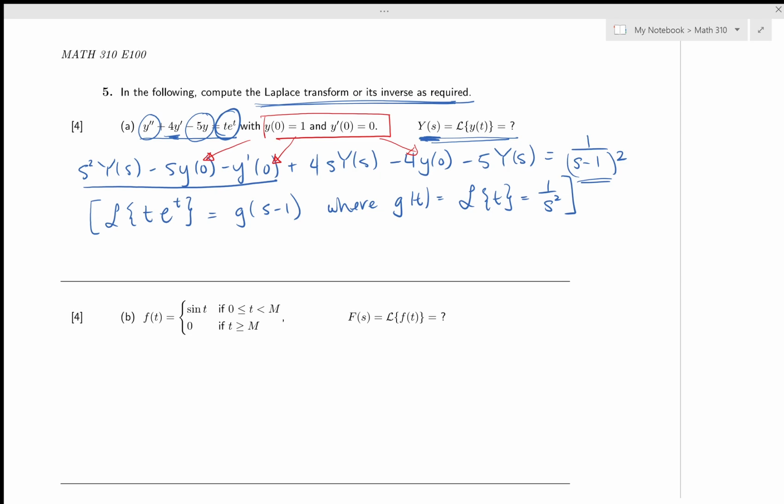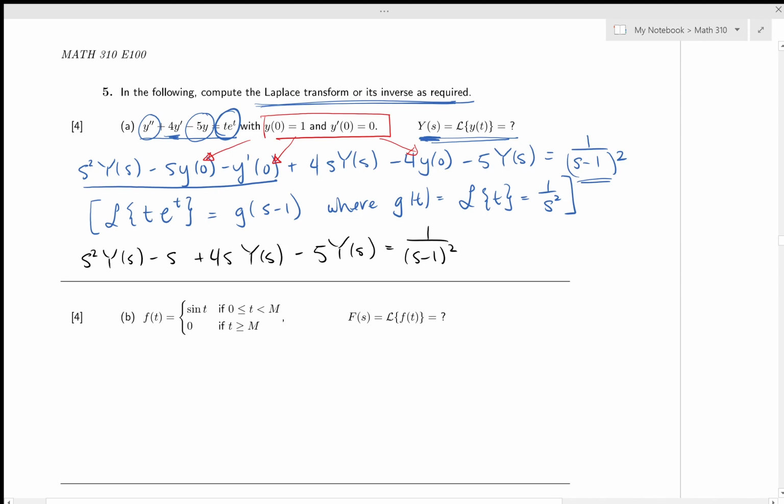So that's going to simplify quite nicely. And I'm going to get s squared y of s minus s plus 4s y of s minus 5 y of s is equal to 1 over s minus 1 squared.